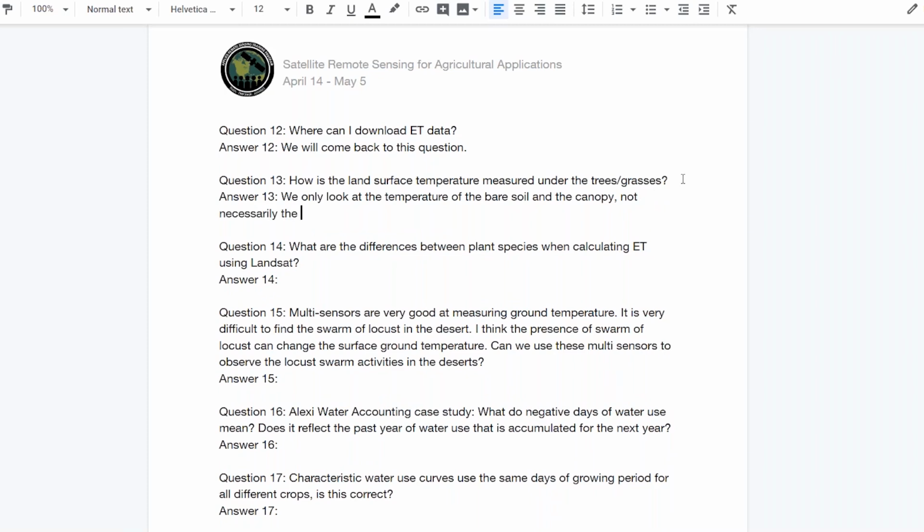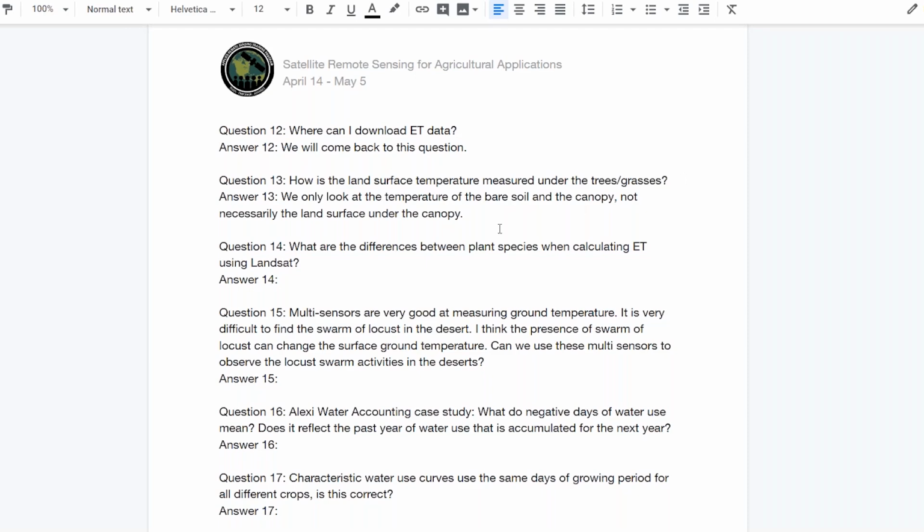It's maybe one of the weaknesses of the thermal-based models, that we're sometimes missing important processes that happen with heat transfer between under the canopy and the actual atmosphere. So I'm not sure we do that effectively from a remote sensing standpoint.